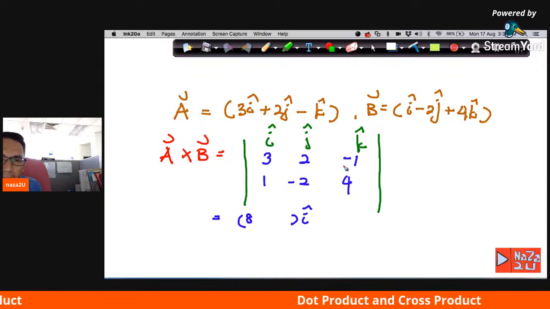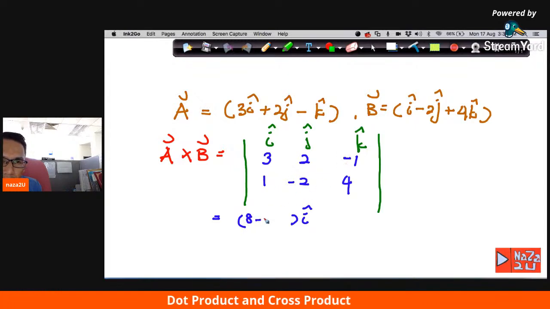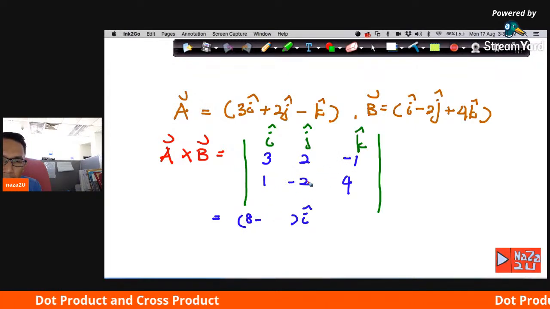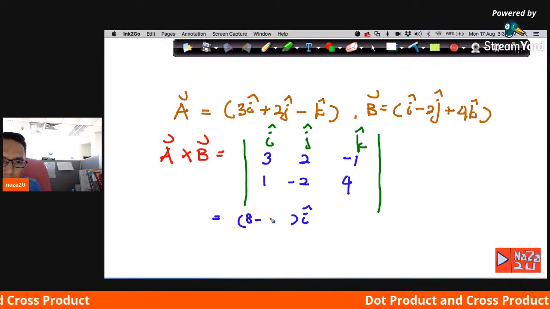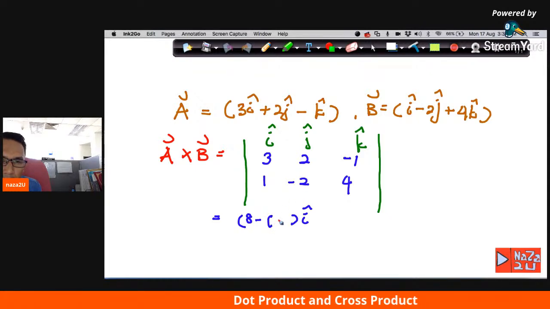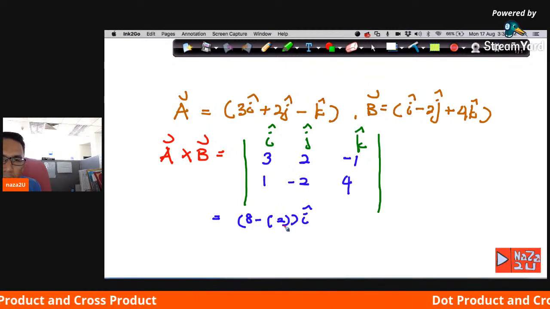And minus 1 times minus 2, so we have a positive 2. So this is vector I.